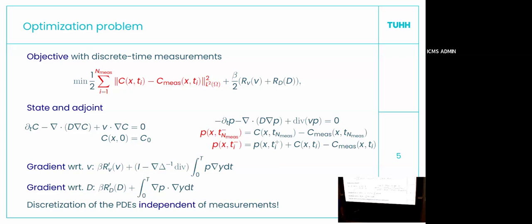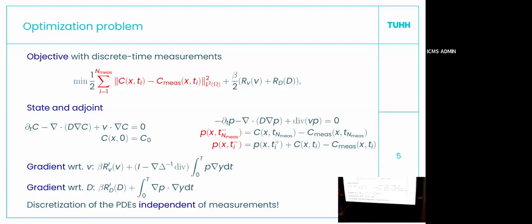This is the constraint, and then we can, just as Felix explained, derive an adjoint equation. The adjoint variable is called P, which has a very similar structure. It's backward in time, and we can rigorously take care of these pointwise measurements by just placing time points at the measurement times, and then have sort of an inflow in time, or a jump in time at these points for the adjoint.